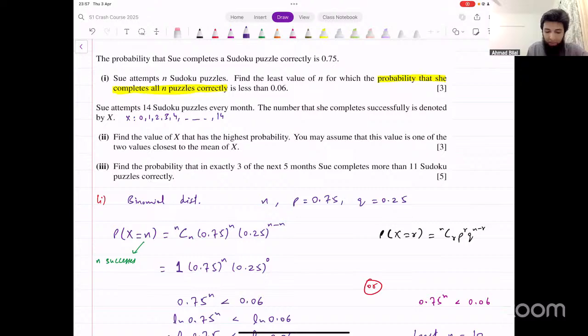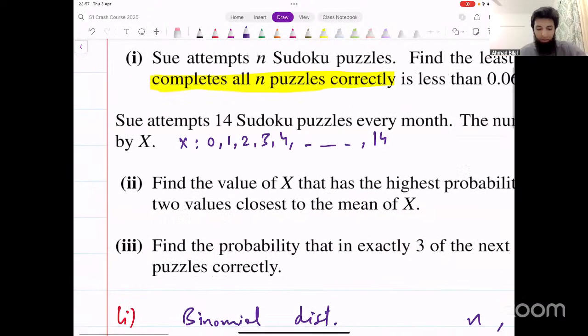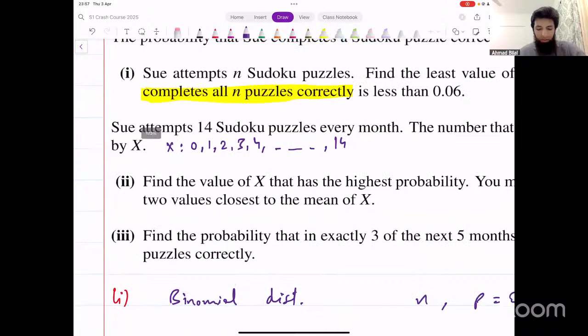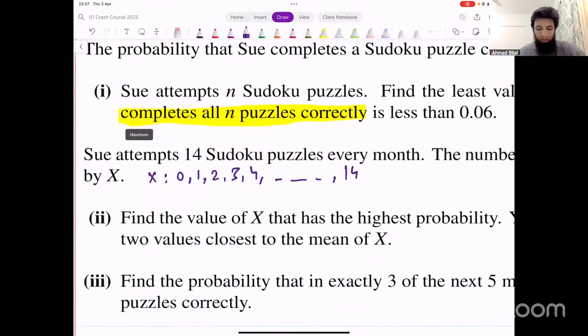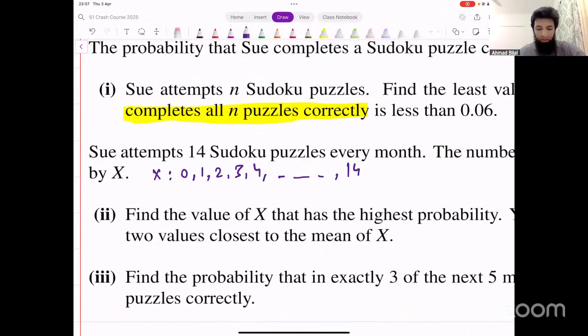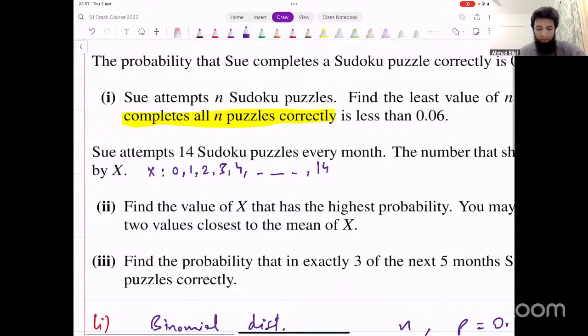So out of 14 puzzles that she attempts, she can get none correct, or 1 correct, or 2 correct, or 3 correct, all the way up to 14. These are the possible values of X that we can have, all the way from 0 to 14. Now they're asking, which of these values of X has the highest probability?